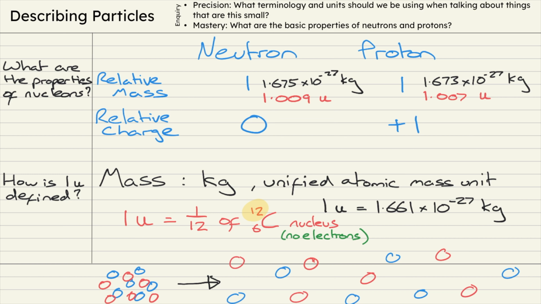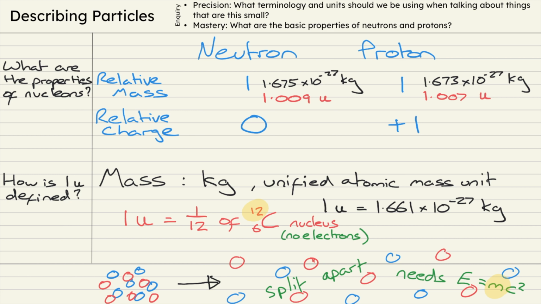You're breaking up that nucleus, so you're going to need to put some energy in. That energy has to go somewhere, it's going to be stored somewhere, and it actually gets converted into mass, following E equals mc squared. So all the protons and all the neutrons get that little bit heavier.